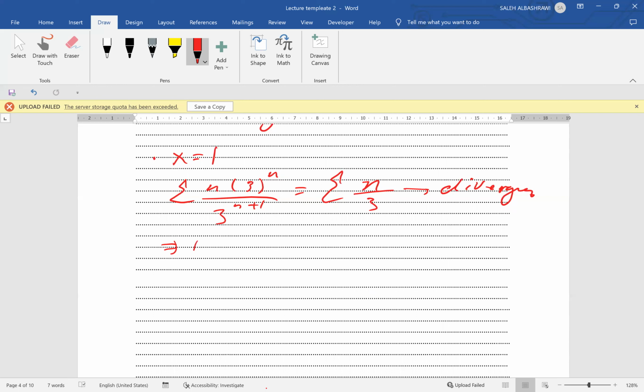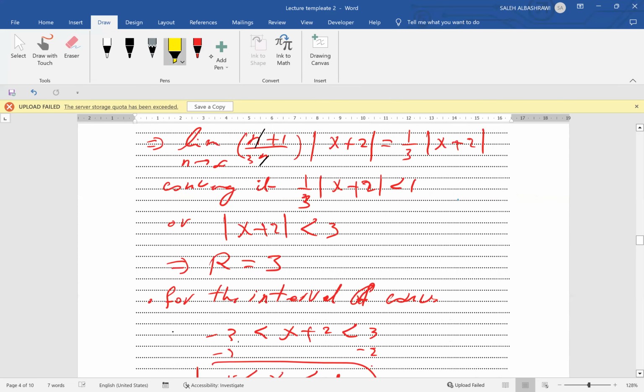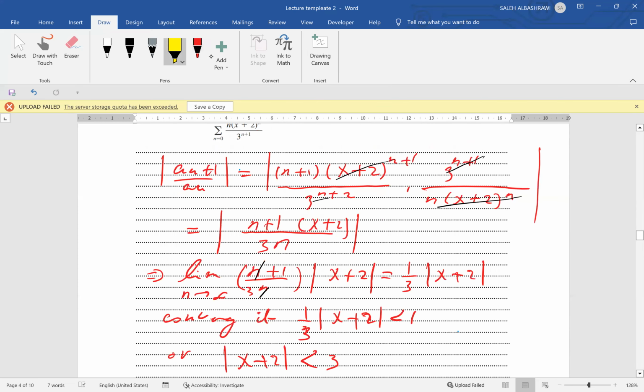So the interval of convergence will be the open interval from minus 5 to 1. Again, to find the radius of convergence, we apply the ratio test.